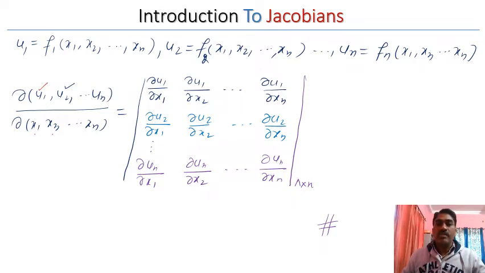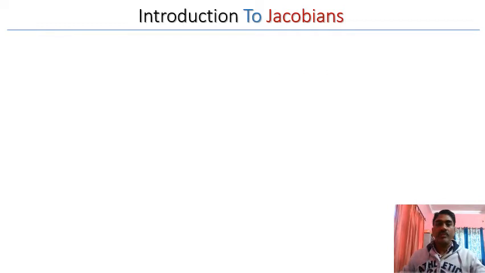Now we will take simple examples to calculate Jacobians. As a first example, example 1: u is a function of r and theta, u is equal to r cos theta, and v is equal to r sin theta, or you can also take it as x and y, as you are comfortable with. x is equal to r cos theta and y is equal to r sin theta.